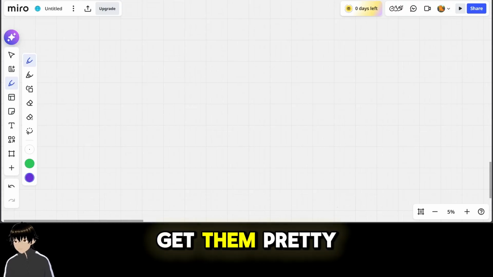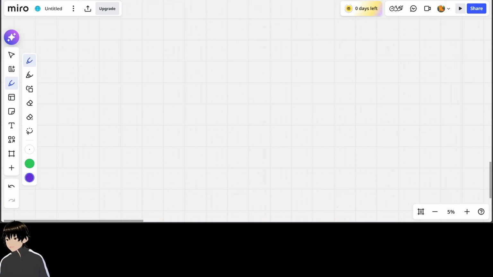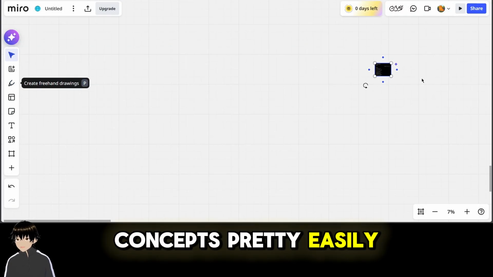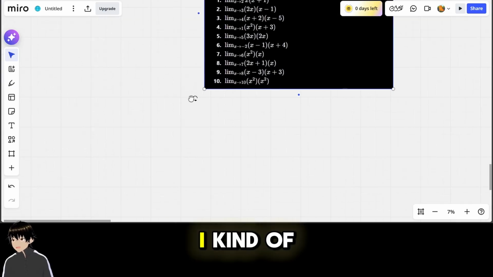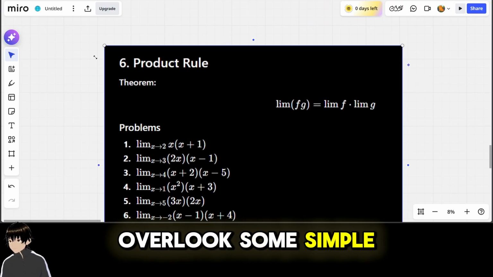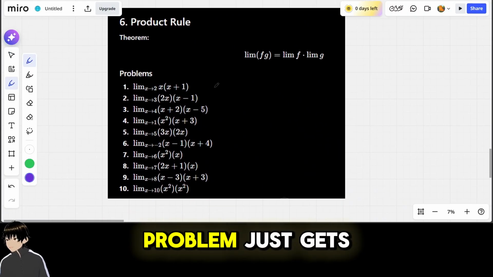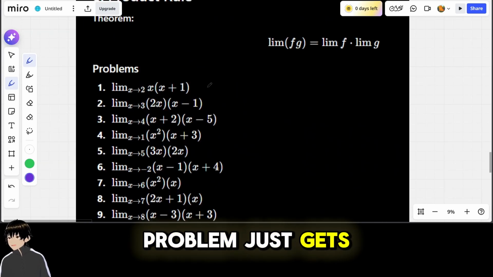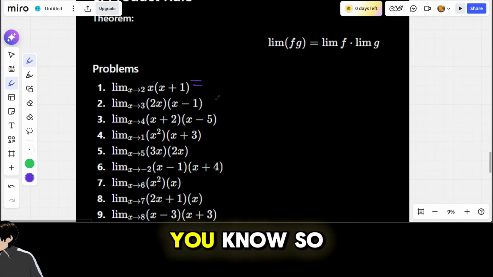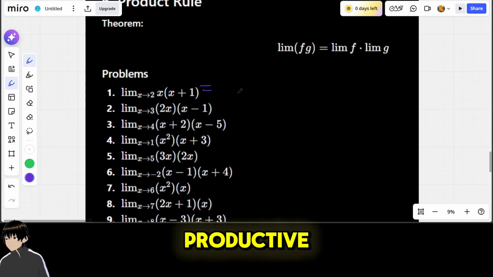I get the concepts pretty easily, but sometimes I overlook some simple arithmetic, and then the whole problem just gets messed up. So it's going to be a product rule.